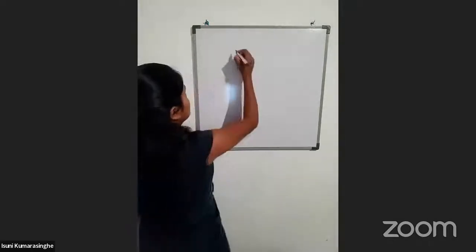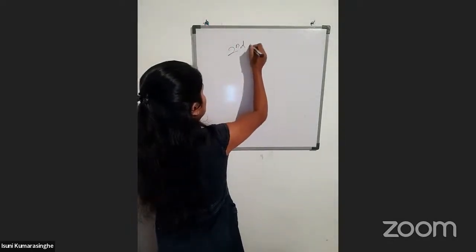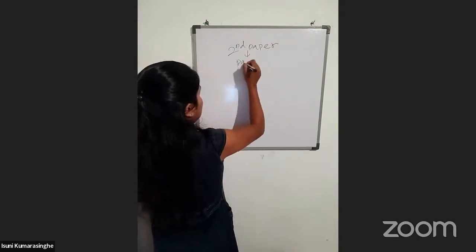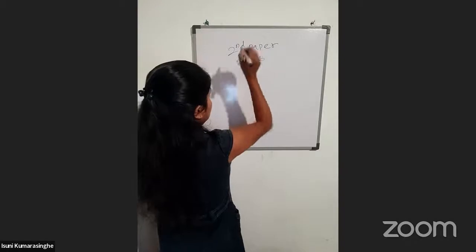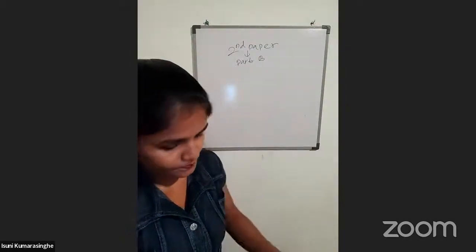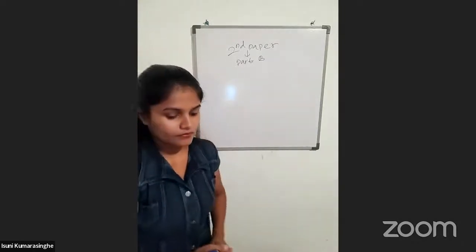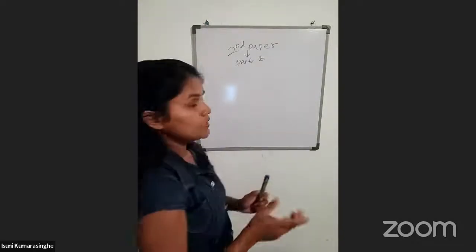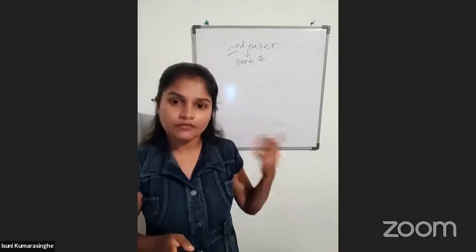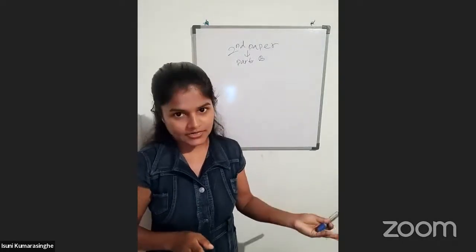Now we'll move on to the second paper, part B of the second paper. You know, in the second paper, the first 4 questions are allocated for part A, which is structured essay papers.